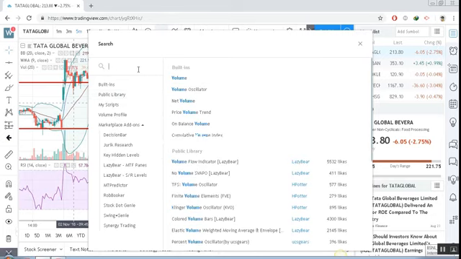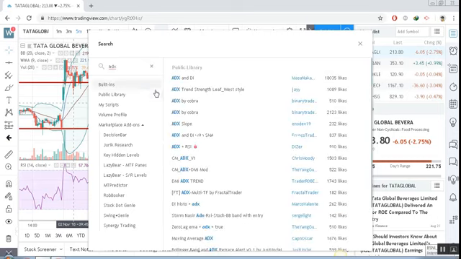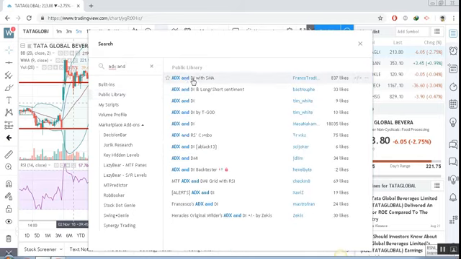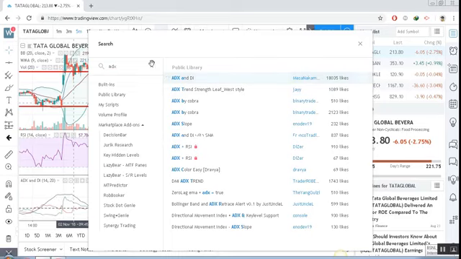And then, for reference, you can also add ADX and DI.